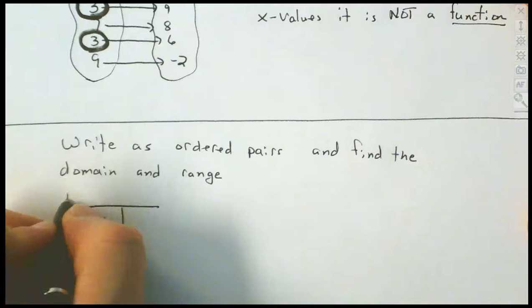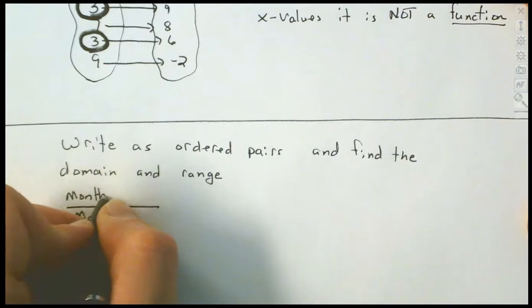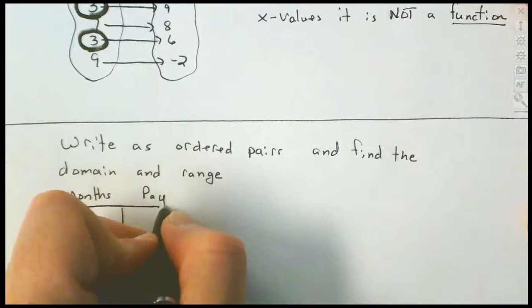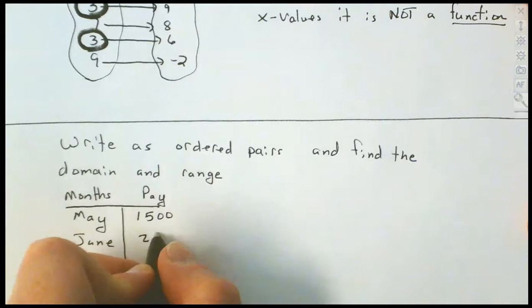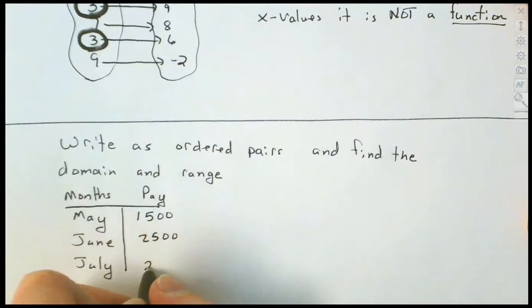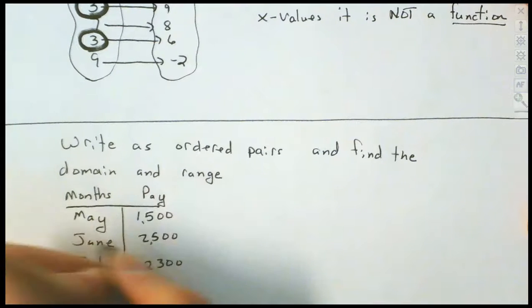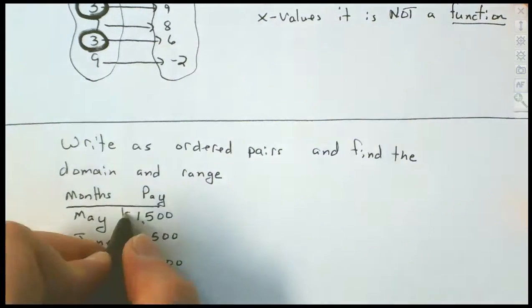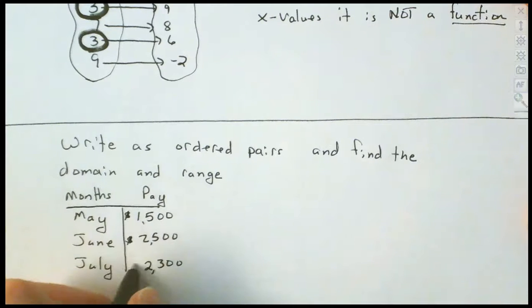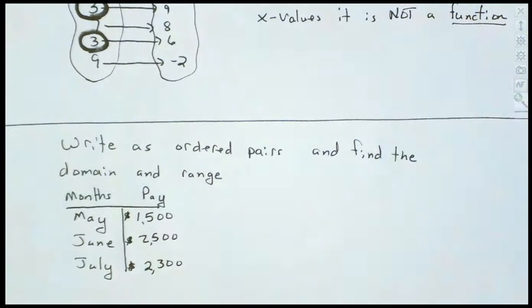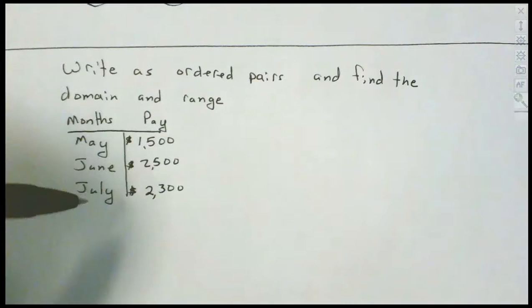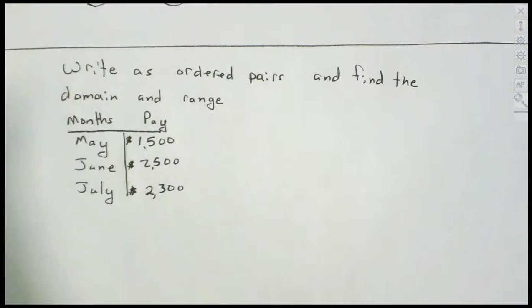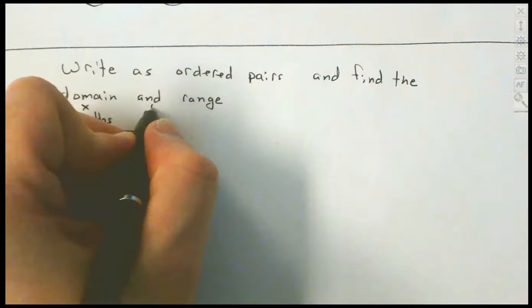These are our months here. And let's say this is our paycheck. Okay, and we want to look at ordered pairs. Now, first off, we know it's a function, right? How do we know it's a function? Do we have any months that are duplicate values at all? No, because this is your x, and this is your y.